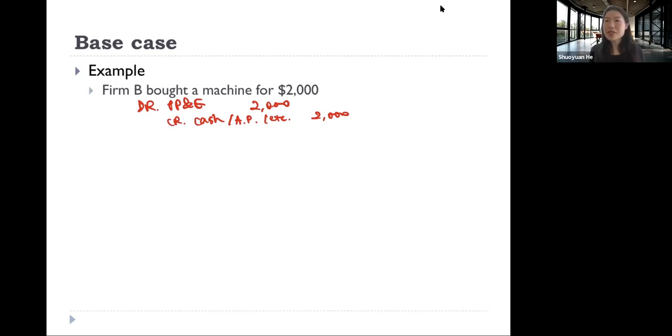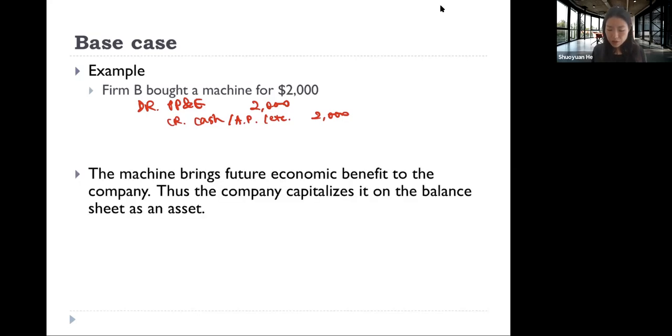Of course, this machine is going to bring future economic benefit for the firm. So the firm decides to capitalize this item, and this is the journal entry to record it. Again, the machine brings future economic benefit to the company.